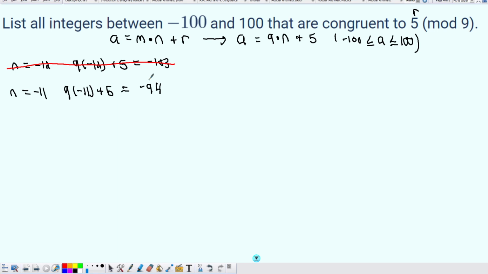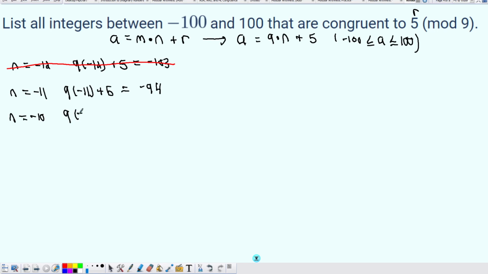And now we can just keep going up with values of n, where n is an integer, until we get an answer that's over 100, or that we know will be over 100. So n, next one would be equal to negative 10.